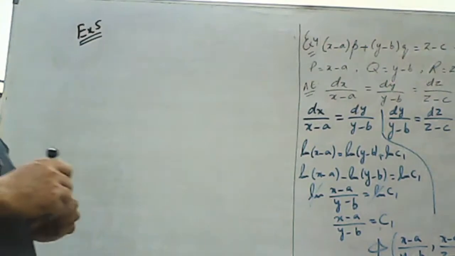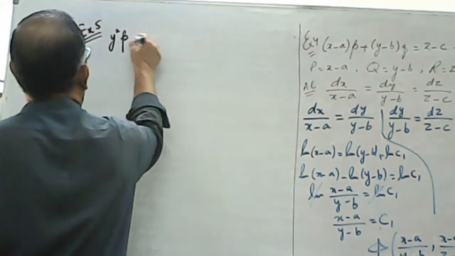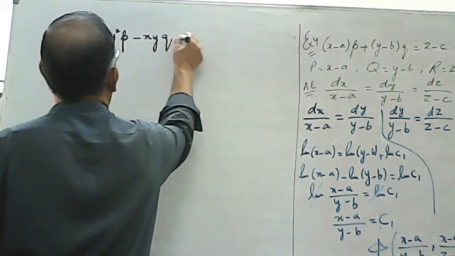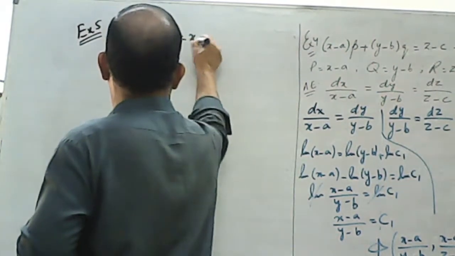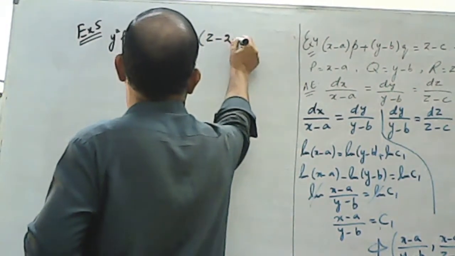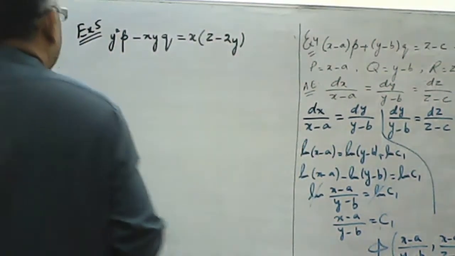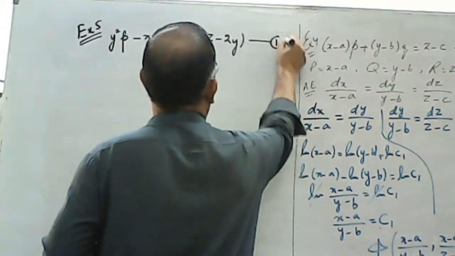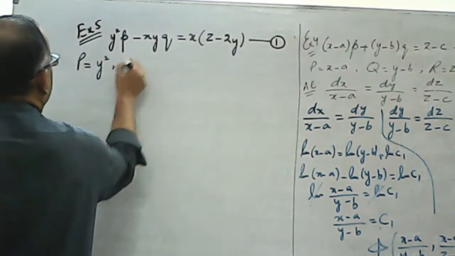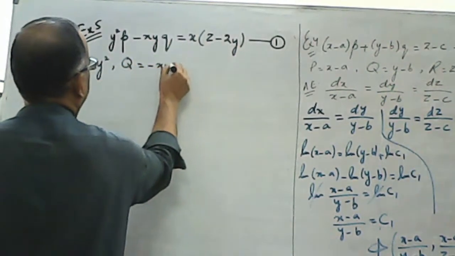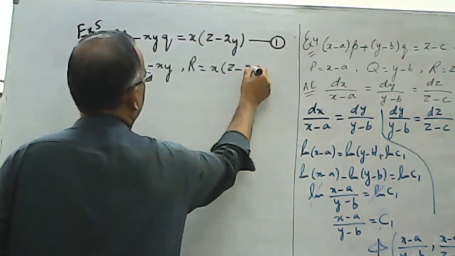Example 5 is y square p minus xyq is equal to xz minus 2y. Again, the given question is in its standard form. So taking the values, capital P is y square, capital Q is minus xy, and capital R is xz minus 2y.